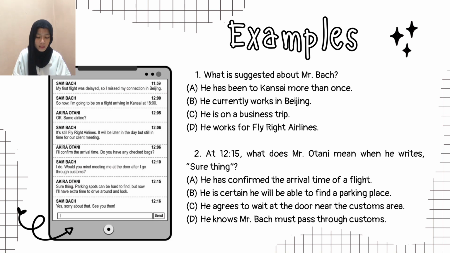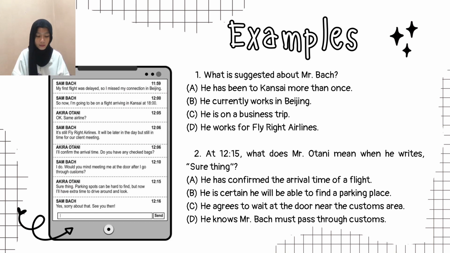As you can see here, 12:15 is sure thing, and we may just read the previous sentence before Mr. Otani's, which is from Sam Batch. He said, I do. Would you mind meeting me at the door after I go through customs? So the answer is related to what Mr. Batch said.